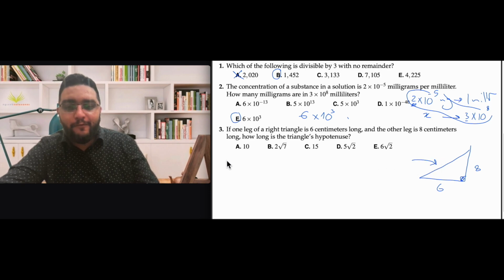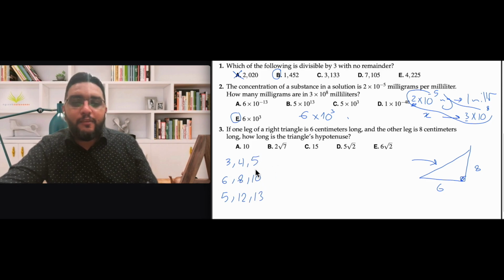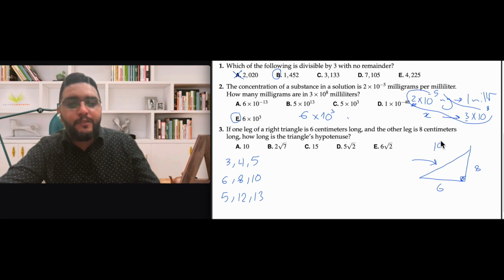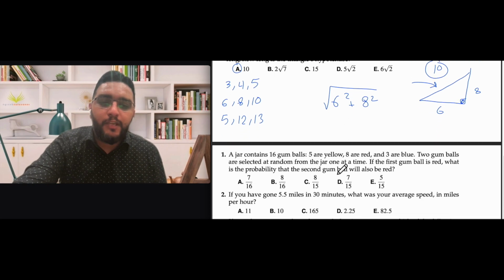You know that we have 3, 4, 5, 6, 8, 10, 5, 12, 13. These are sides of right angle triangles, and this is the length of the hypotenuse for each one. So 6, 8, and the third side will be 10. Or you can use the Pythagorean theorem, the square root of 6 squared plus 8 squared, which equals 10. Let's move to another question.